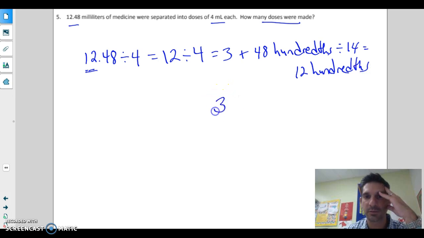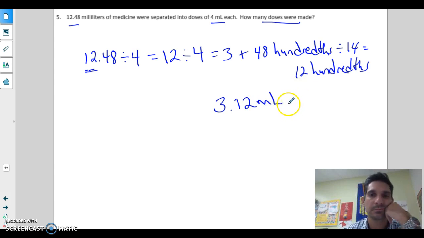So my answer would be 3.12. Okay, I think that's right. Let me double check. I just made one boo-boo. It's not milliliters, it's just doses. So 3.12 doses were made.